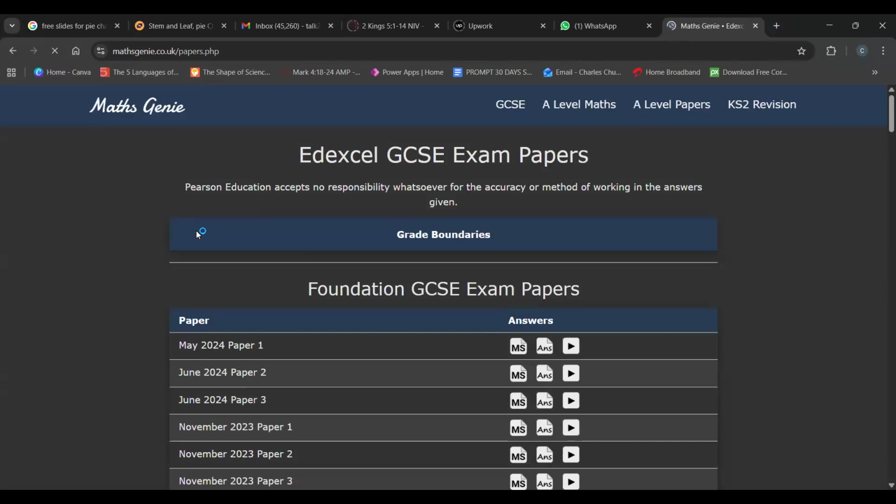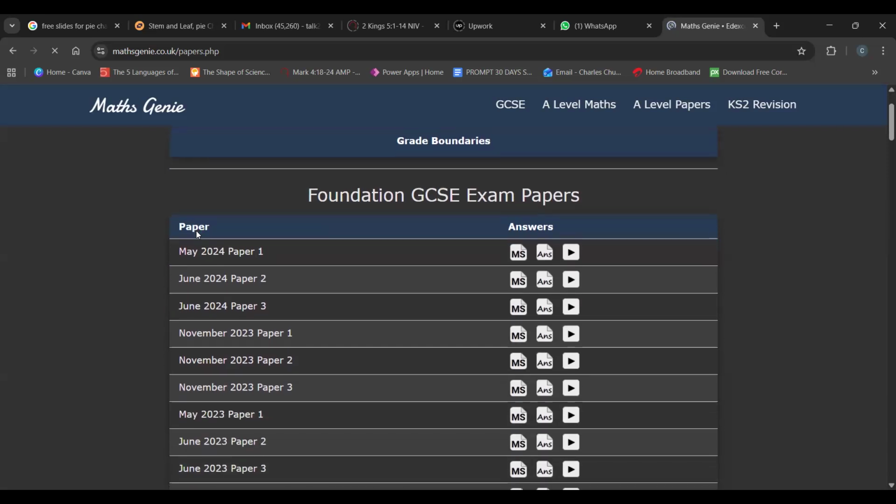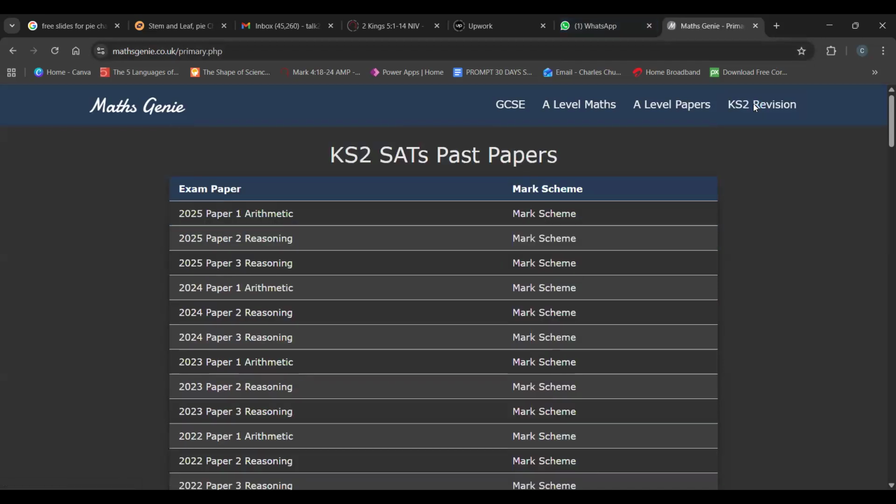If you pick Key Stage 2 revision, it will allow you to search up anything that you want to look at. Okay, I see that. Sorry, just put Math Genie, not GCSE paper. I think that's why.